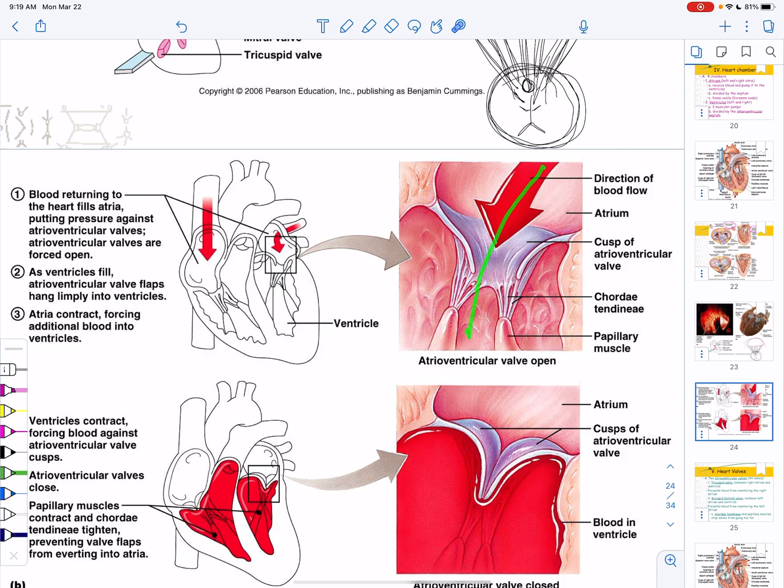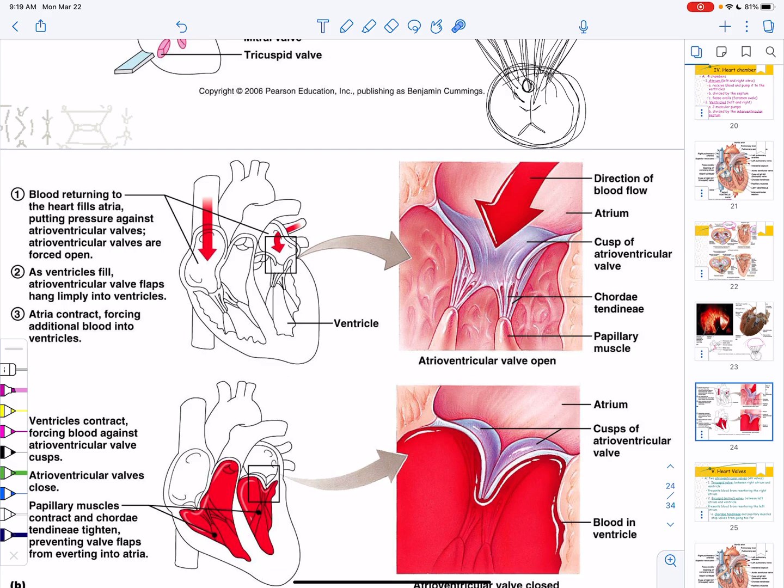The blood flows through here, and then when the heart squeezes, these two valves shut, and they're held tightly together by the pressure of the blood.